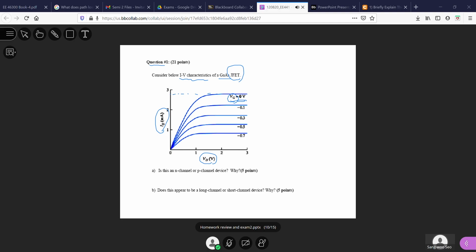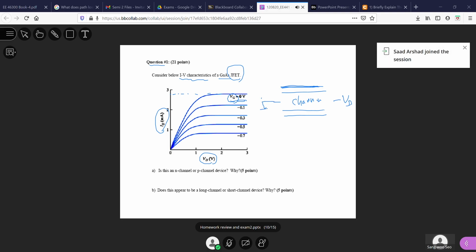For this structure, as you remember, we draw it this way. This is the channel and the gate. Let's say this is the drain side and this is the source. Let's just ground it here. And then the gate voltage is applied. Between the gate and the channel you have a PN junction.